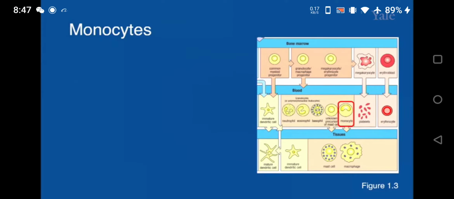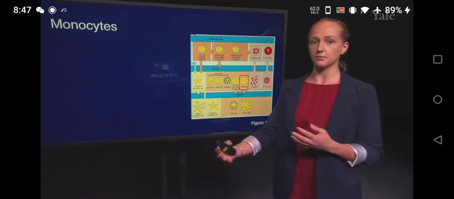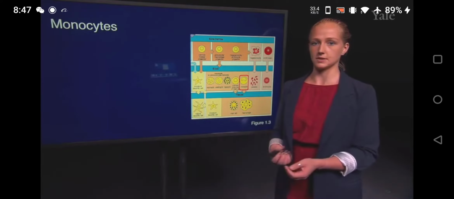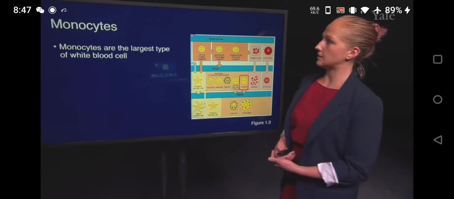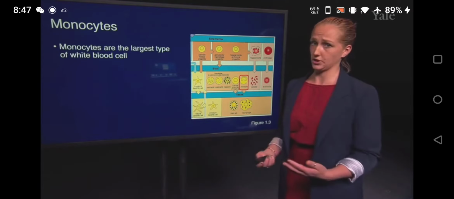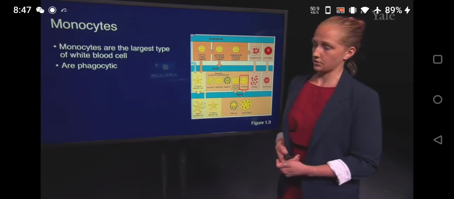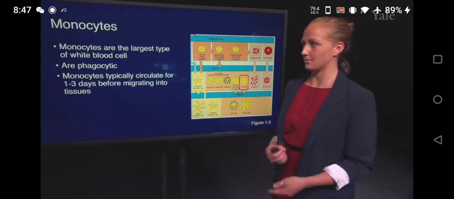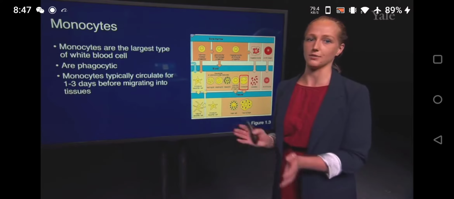So monocytes develop in the bone marrow, and just like our mast cells, they're not mature when they leave the bone marrow. They actually head out into the bloodstream where they can encounter parasites and pathogens and such, and they're actually the largest type of white blood cell that are phagocytic, and they usually circulate within the blood for about 2 to 3 days before they migrate into tissues.